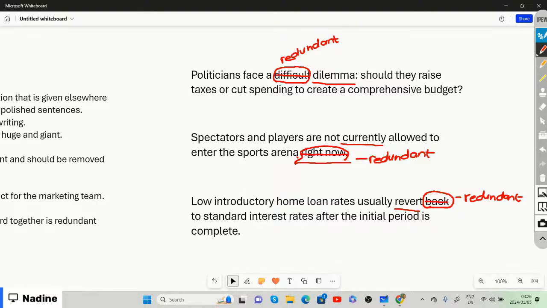Same with "dilemma" and "difficult." They have a similar meaning to one another. And when it comes to redundancies, one of those words needs to be removed because it creates an unpolished sentence.